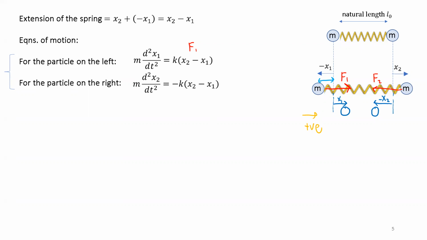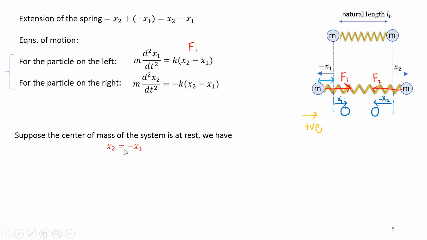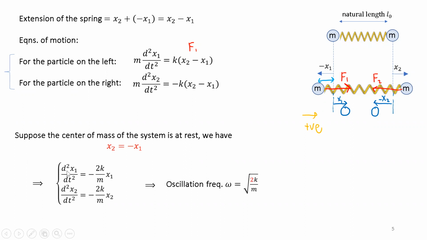If you do that, then at any time x2 has to be equal to minus x1. That is, if one goes this way by 1 centimeter, the other has to go the other way by 1 centimeter. So I have this relation between x1 and x2, and I can substitute it back into my equations, something you know how to solve now.